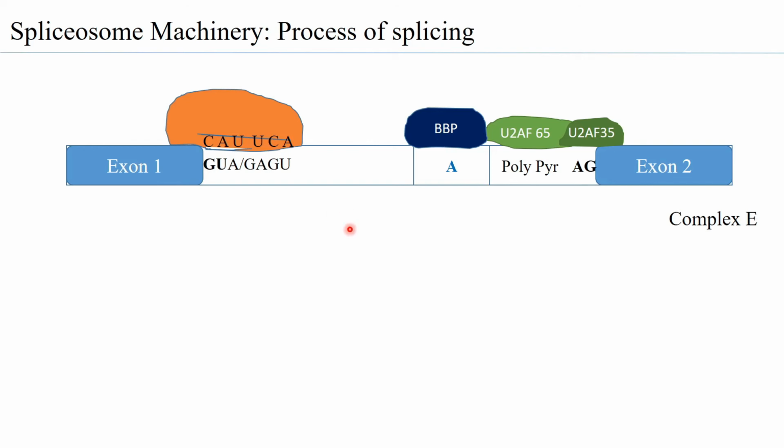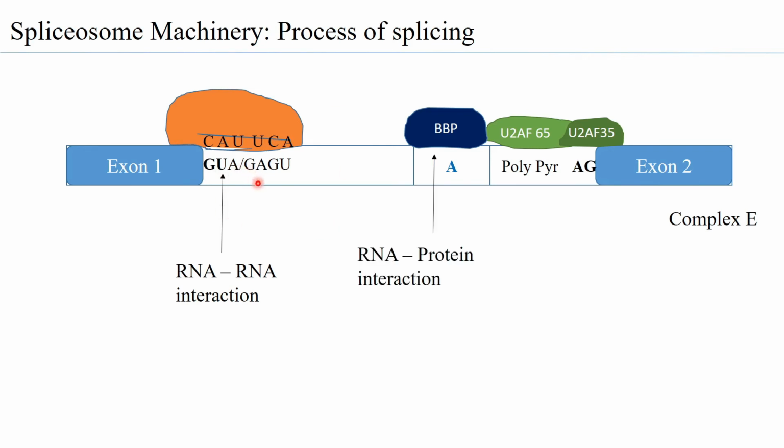And so, to repeat what was mentioned earlier, this is a typical RNA-RNA interaction, and a very specific one at that, that helps marking the intron. The second is an RNA protein interaction, which means that the branch point sequence is interacting with the branch point binding protein. But this branch point binding protein is also interacting with the U2AF. So here it is a protein-protein interaction, and here it is an RNA protein interaction.